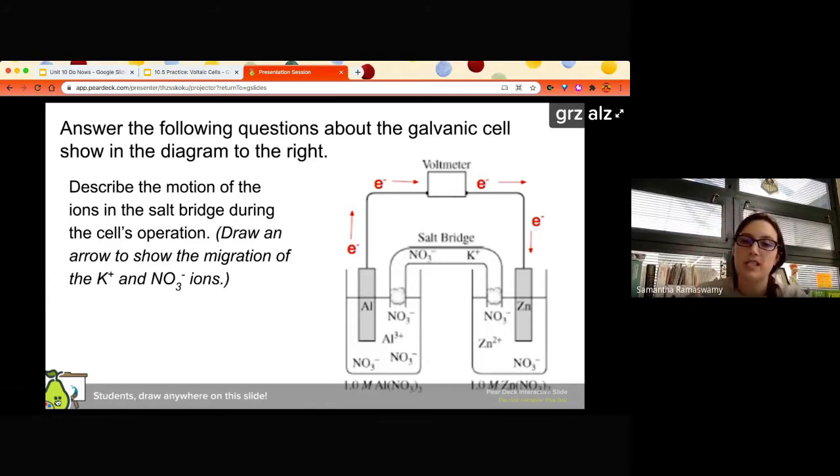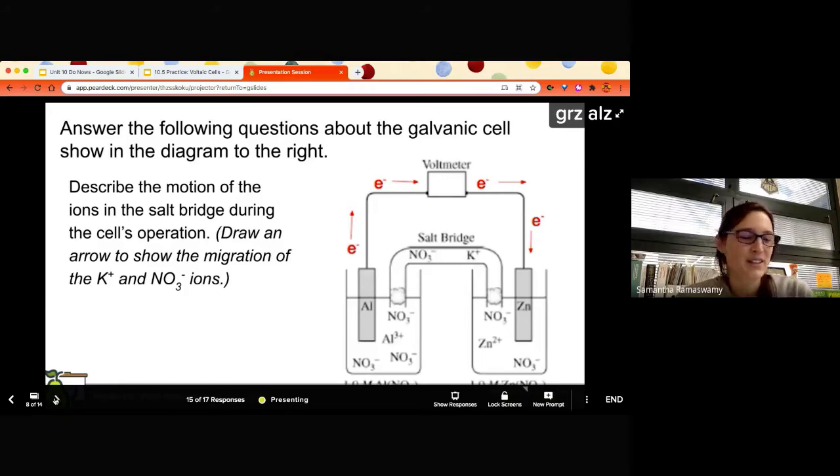And then that will help us think about the way that the cation and the anion from the salt bridge flow. And some people are using different colors to help them as well. Some people are just playing around with the different colors on drawing everything.